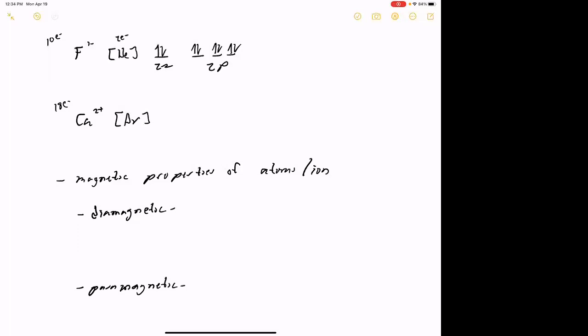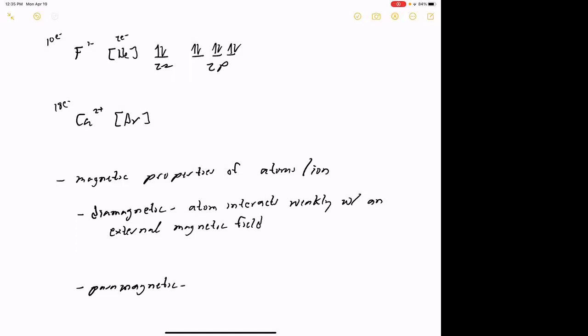From a physical perspective, it means the atom interacts either weakly or not at all with an external magnetic field, such as the magnetic field provided by a magnet.